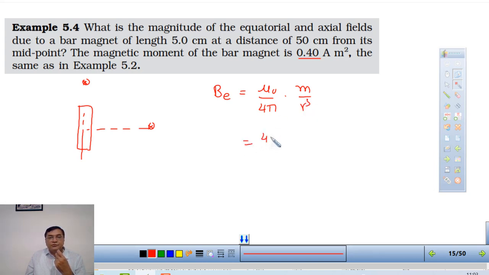So mu0 is 4 pi into 10 raised to minus 7, divided by 4 pi, into the magnetic moment 0.4, and the distance 0.5 squared. Length is not really needed here. You can simplify this, 4 pi is cancelled out. So it is 0.4 upon 0.25 into 10 raised to minus 7.